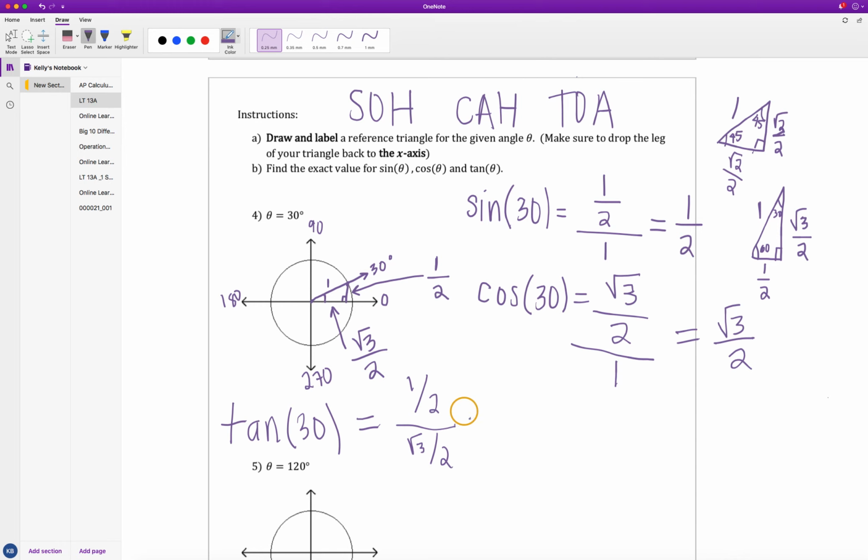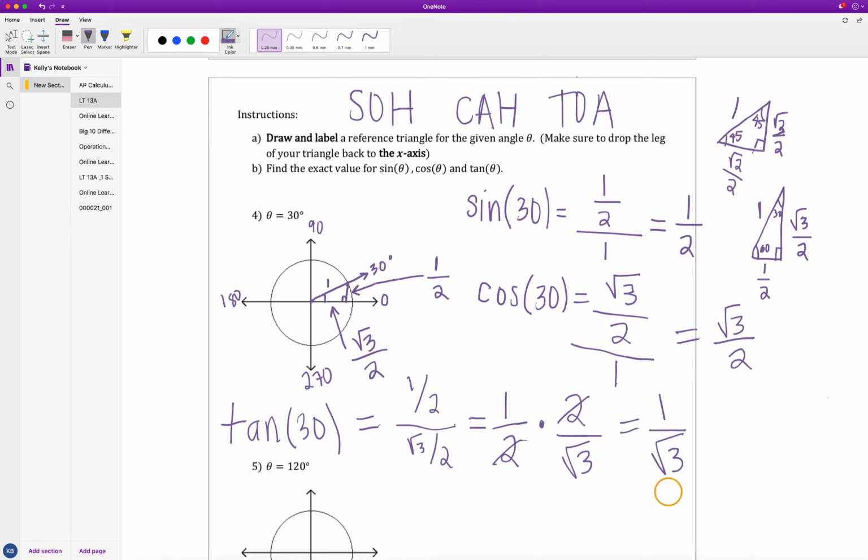Now this I need to simplify because I don't want to have messy fractions within fractions. I want to be able to really tell what that value is. Well, when I have a fraction divided by another fraction, that's the same as multiplying by the reciprocal of the denominator. So I'm going to keep the 1/2 and multiply instead by the reciprocal of the denominator, which will be 2 over root 3. Now from here, the 2's will cancel, and I end up with 1 over root 3, which looks a lot more simplified.